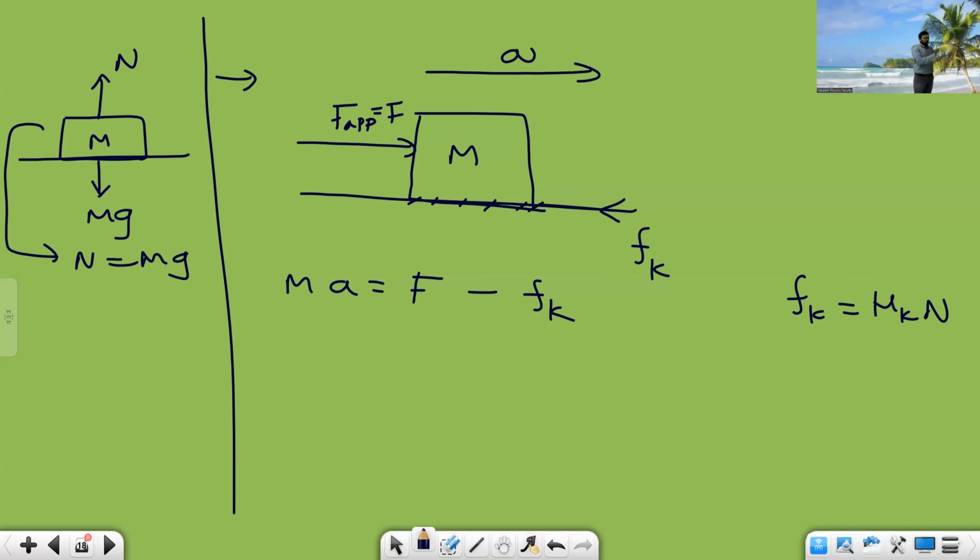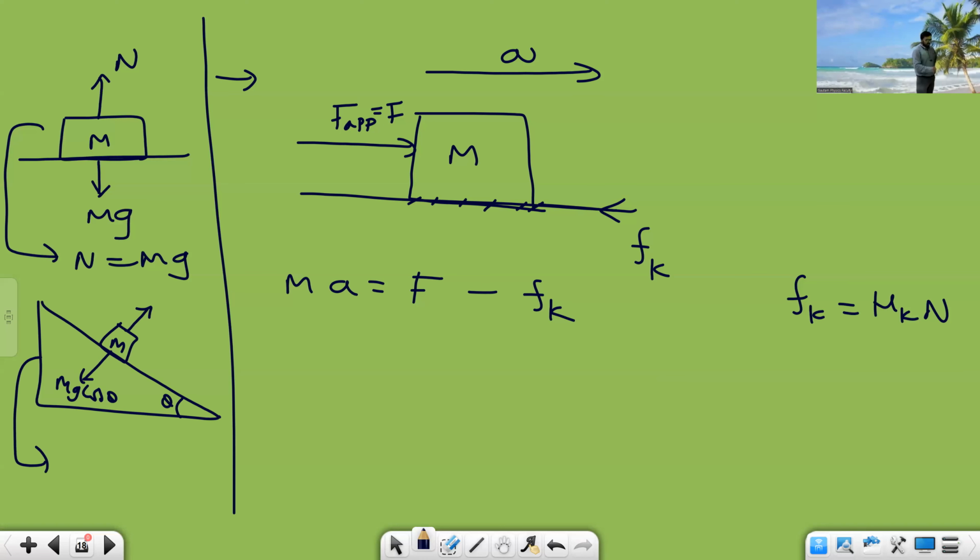And suppose the body is on an inclined plane, N is equal to mg cos theta, where theta is the angle of inclination. So body on inclined plane, normal reaction is mg cos theta. And body on horizontal surface, normal reaction is simply mg. That's all.